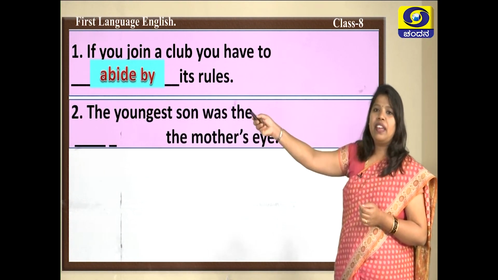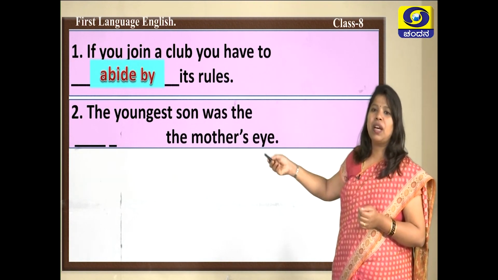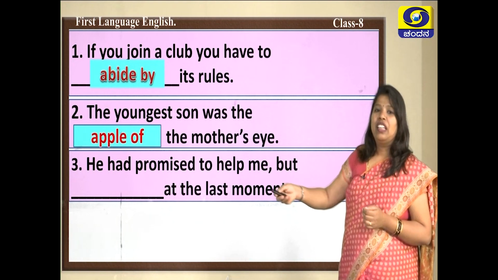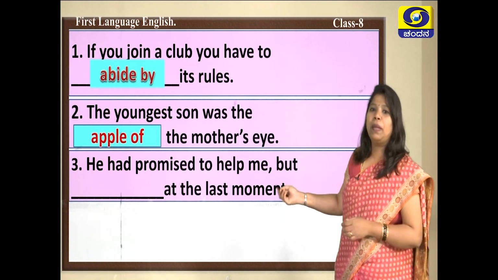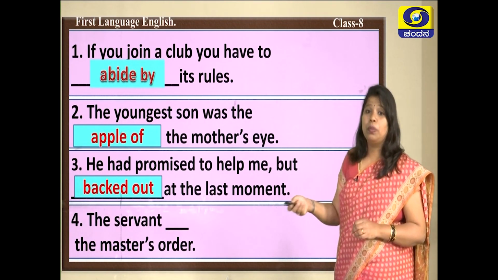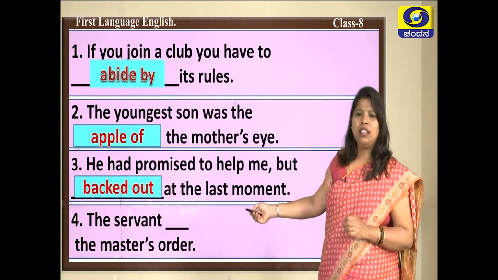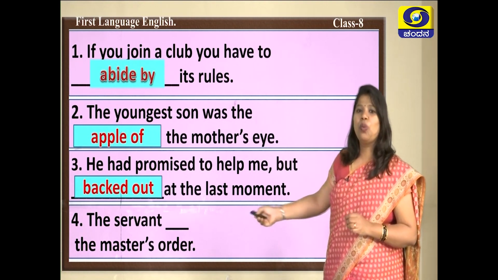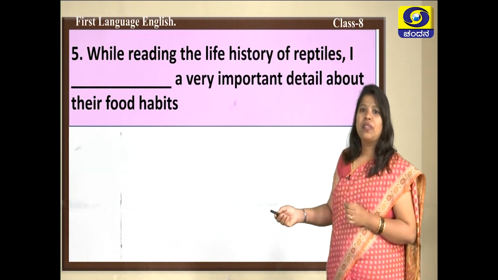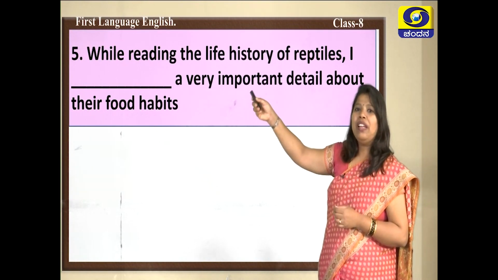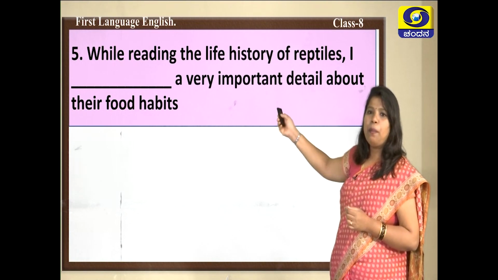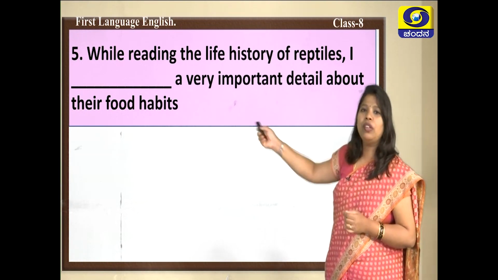Second one, the younger son was a dash the mother's eye. So, you have to say apple of. Third one, he had promised to help me, but at the last moment, he backed out. The servant dashed the master's order. Which is the correct phrase there? Carried out. Yes. Fifth one, while reading the life history of reptiles, I dash a very important detail about their food habits.